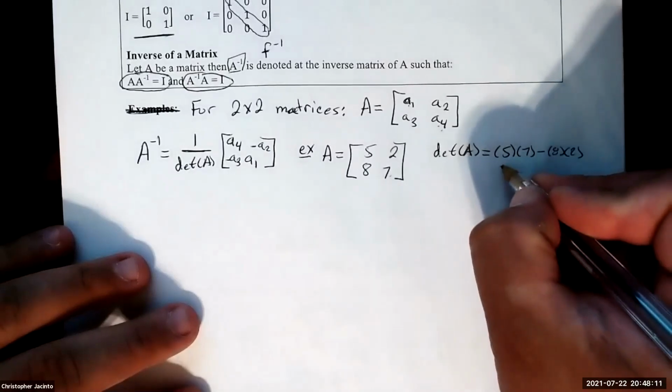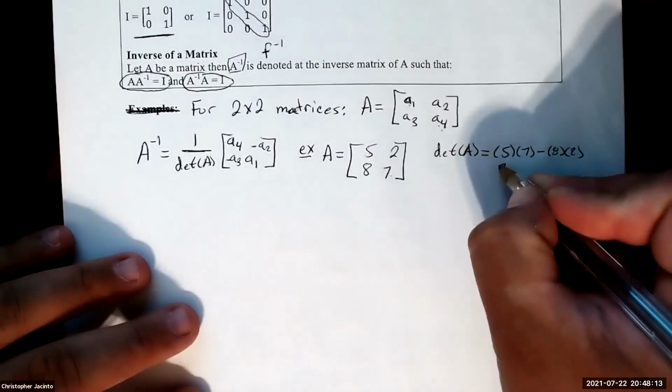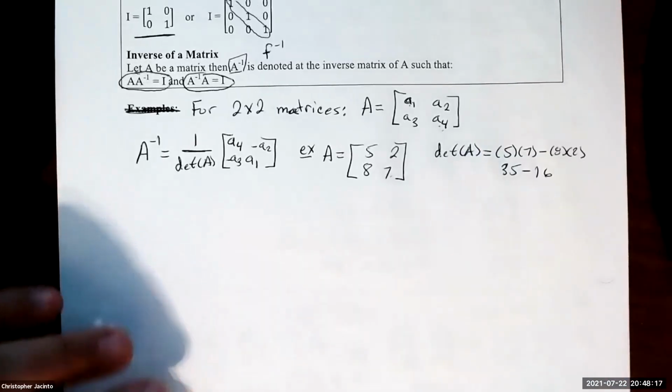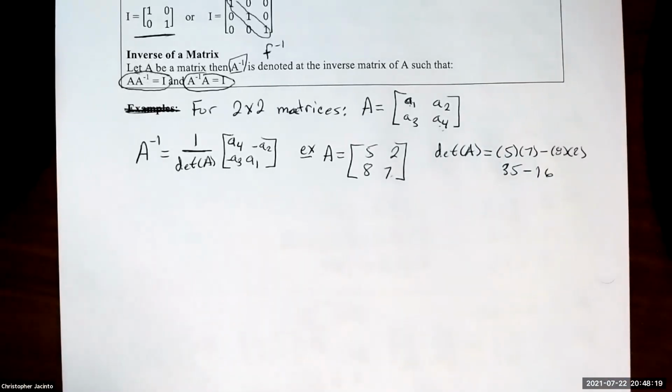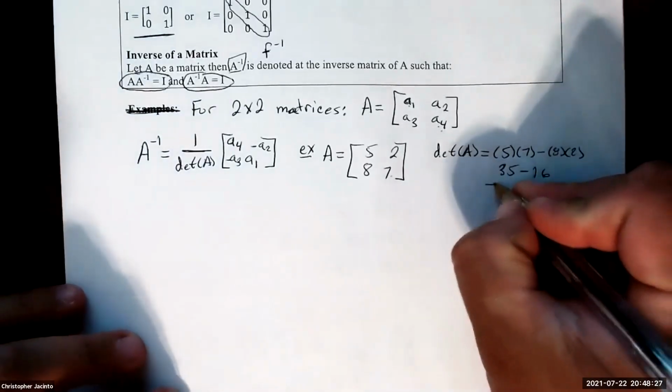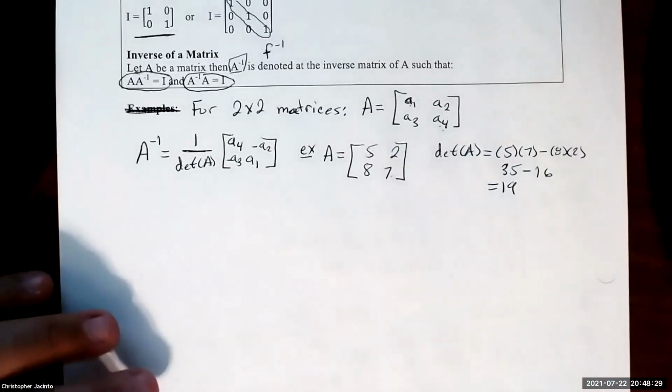That's 35 minus 16. What does that give us? Is that 17, 18? Oh, 19. So the determinant is 19.